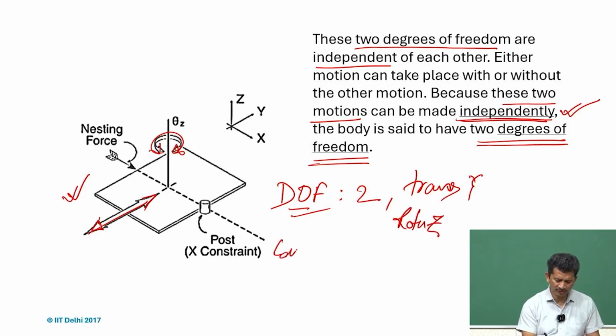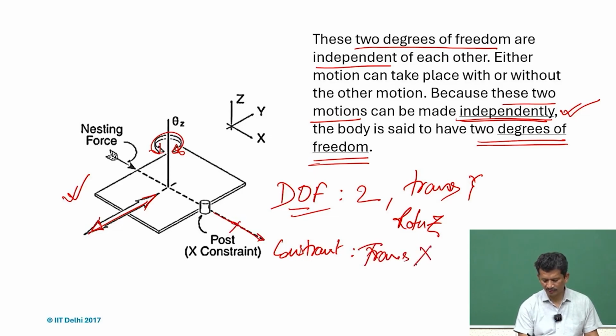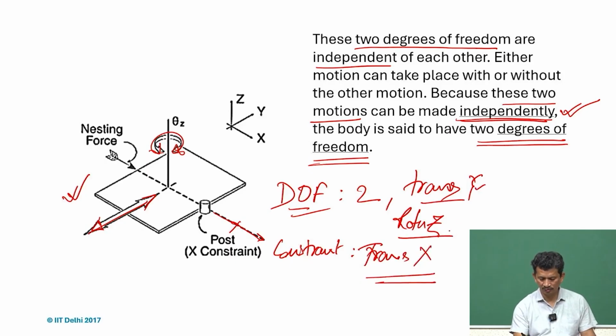And what is the constraint? Constraint here is along this line. So, this is not possible, this is the constraint. So, translation along x is the constraint, but the other 2 are possible and they can be given independently.